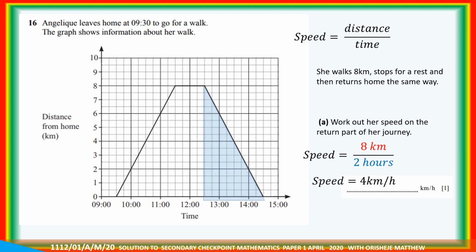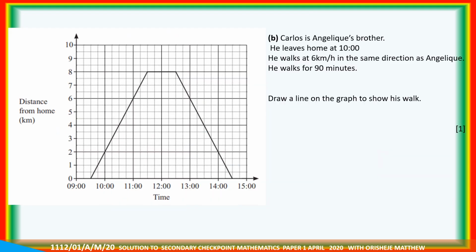So look at the second part of the question. Carlos is Marquin's brother. He leaves home at 10 a.m. He walks at a speed of 6 kilometers every hour in the same direction as Angeli.